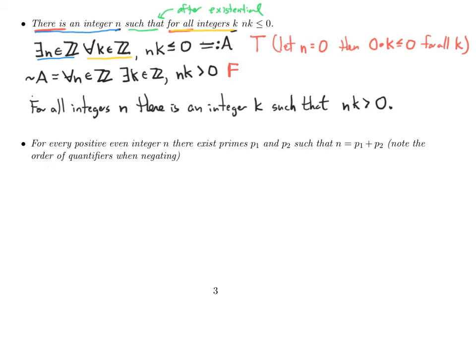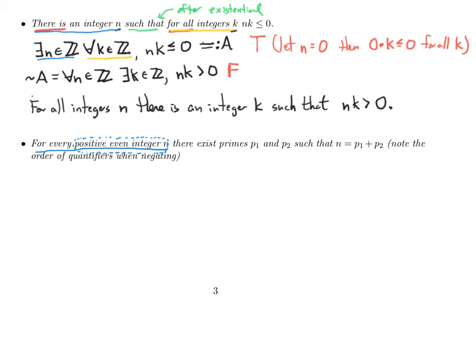Again, you will see two quantifiers. We have: for every positive even integer n. We're going to have to be a little careful about this. In fact, there are two ways to go, but we'll just talk about one way right now.